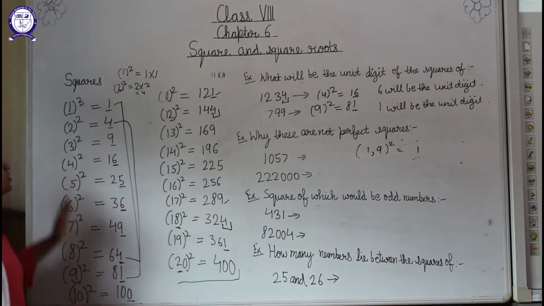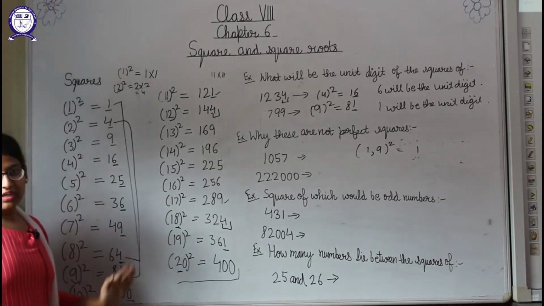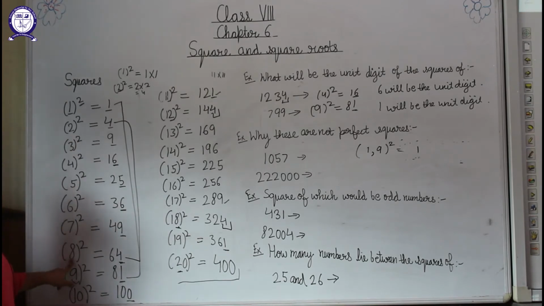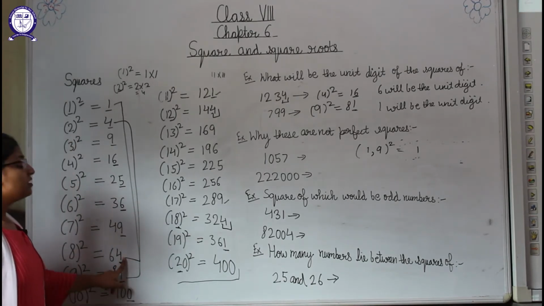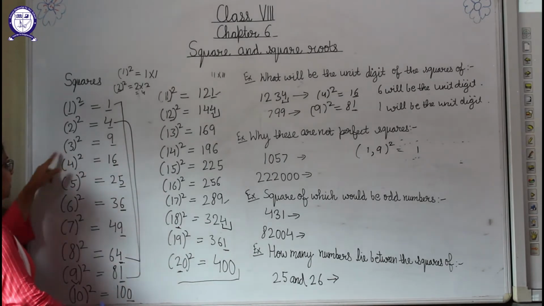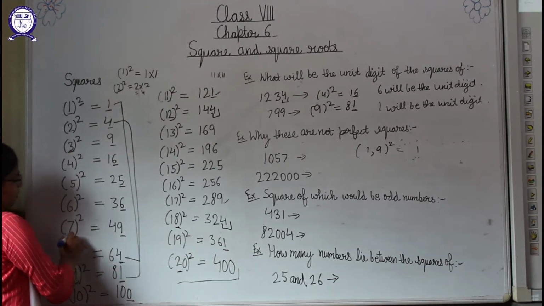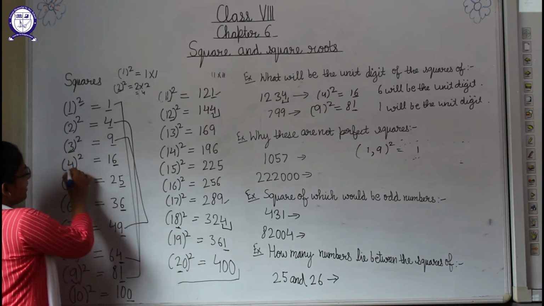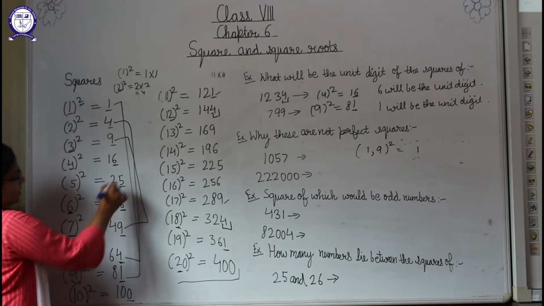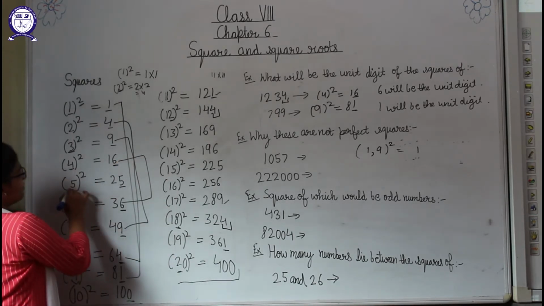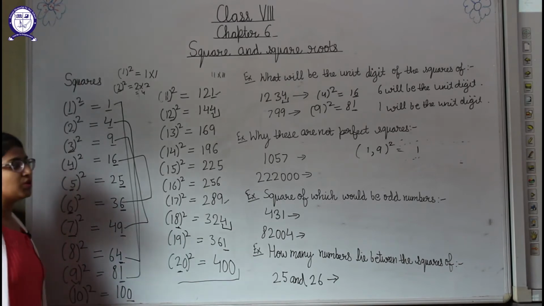So whenever we square a number where the unit place digit is 2 or 8, in the answer the unit place digit will be 4. Similarly, whenever the number ends in 3 or 7, we will get 9 as the unit place digit. Whenever there will be 4 or 6, we will get 6 as our unit place digit, and whenever there will be 5, we will get 5 as our unit place digit.